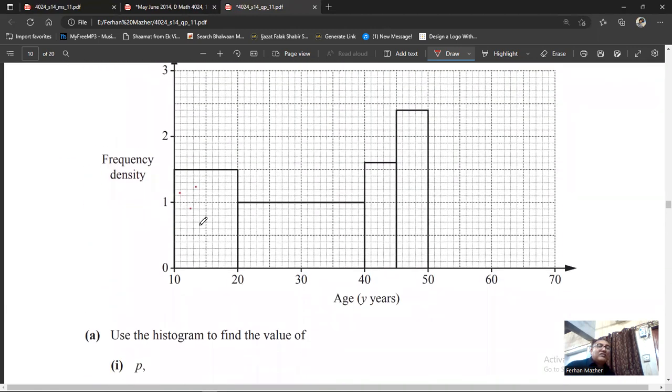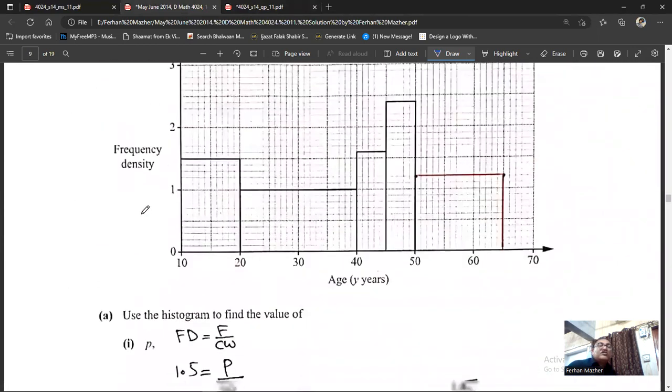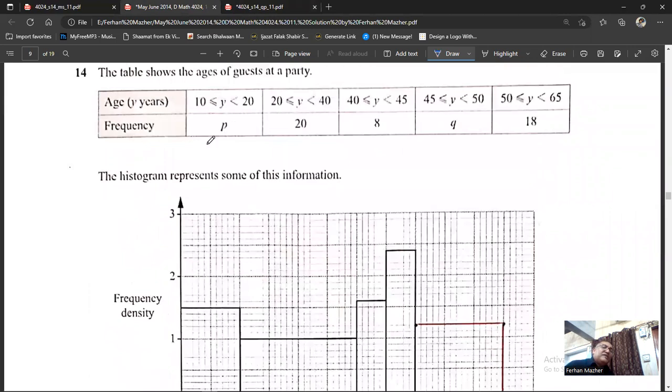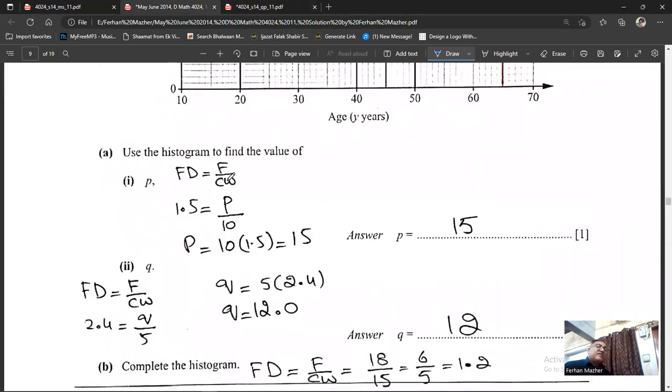Okay. P is the frequency of this first class, so I will find out the area of this class. This is 10 multiply 1.5. That area is equal to the frequency. The frequency density is equal to frequency divided by the class width.